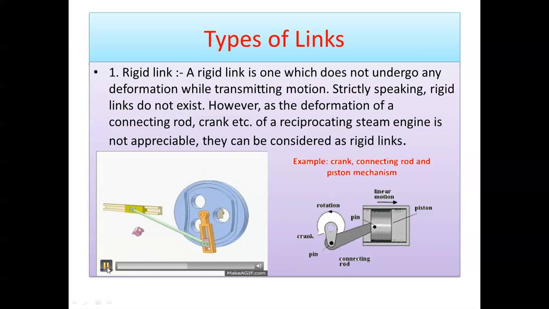Simply we can say that such a link does not exist in the universe, because there will always be some deformation while using a number of elements. Different rigid links can be considered, such as connecting rod, crank, etc. These can be considered as rigid links.